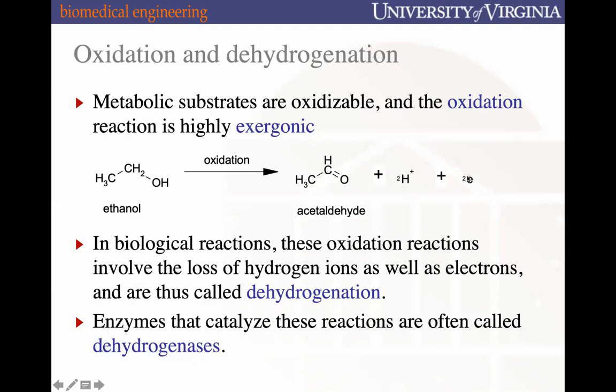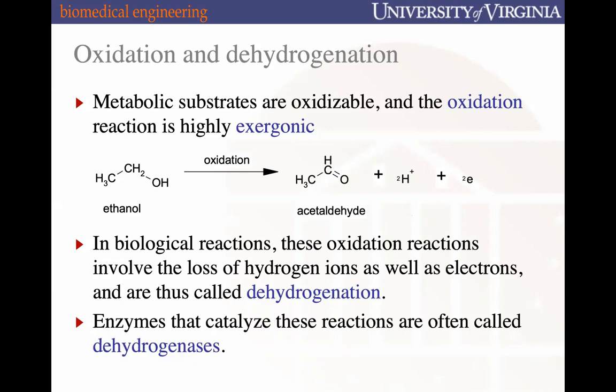Typically, during these oxidation or reduction reactions, hydrogens and electrons follow suit. So when you see 2 electrons being lost, you'll typically see hydrogens following. Whenever there is the loss of hydrogen ions, we typically refer to it as a dehydrogenation event.